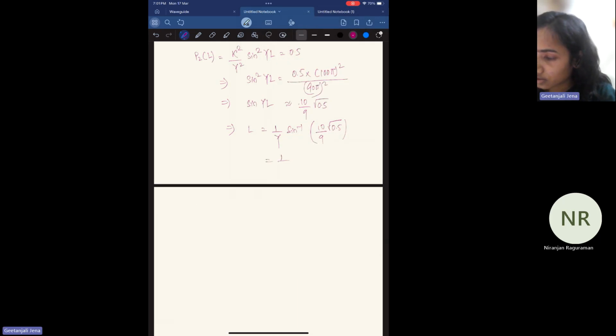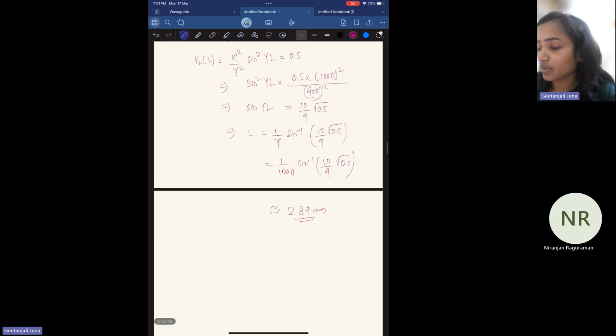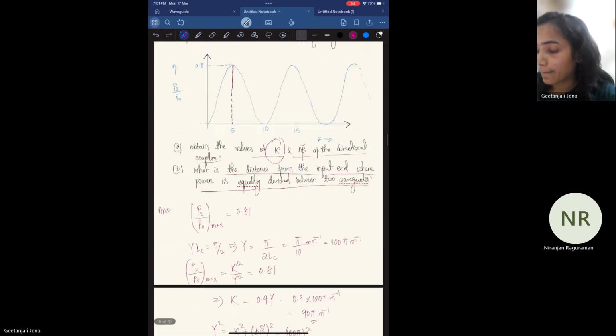So this is 100 pi sine inverse, and this will come around 2.87 millimeter. So at this length, the power will be 50-50.